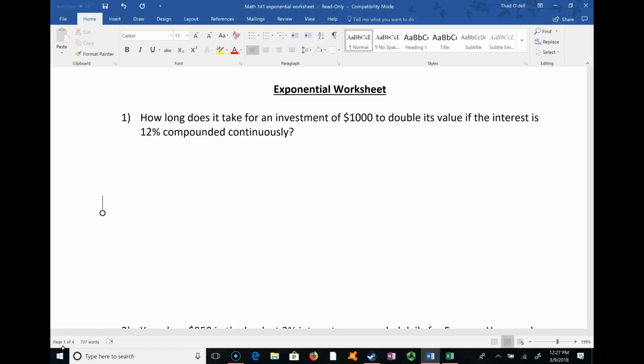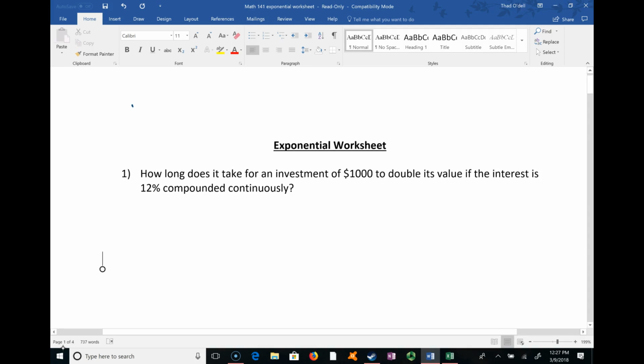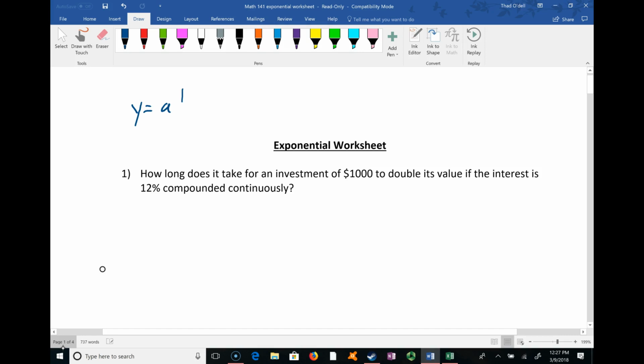Okay, in this video I'm going to run through some of these exponential word problems, keeping in mind that there's really two basic equations that we're thinking of when we do this, where the a's are the same, that's the initial value, and also b is equal to e to the k.